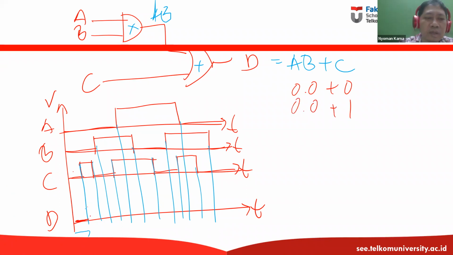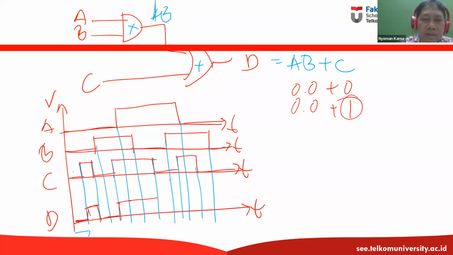So the output will become 1. Now 0, 0, 0 also 0. 0, 1, 0 is 0. 0, 1, 1 is 1. 1, 1, 1 is 1. 1, 0, 1. Okay, so as long as C is 1, the output will become 1.